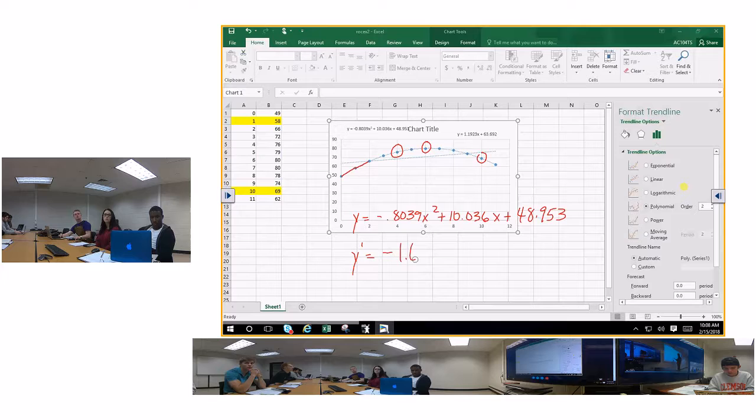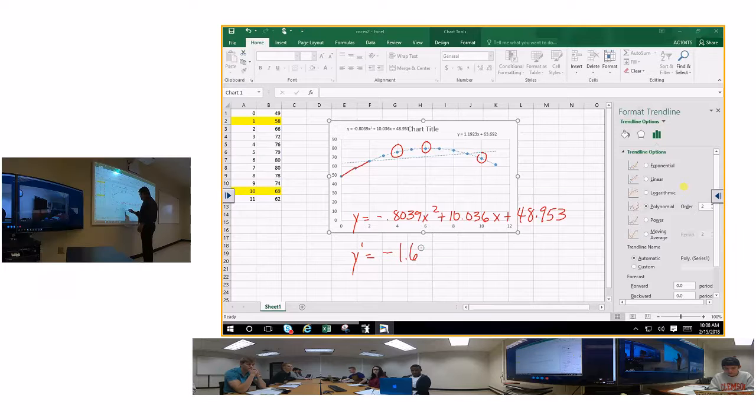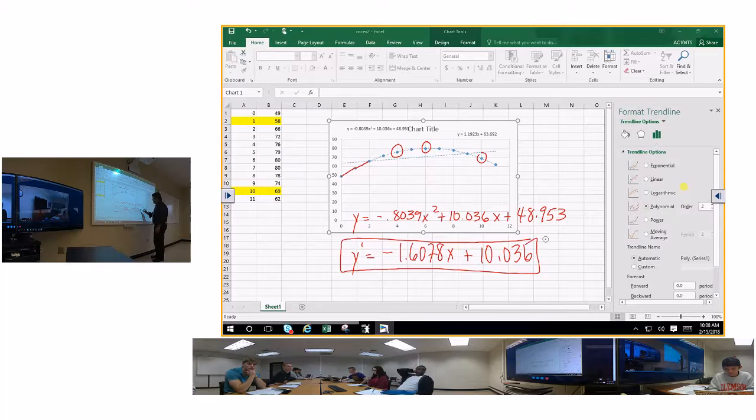One point what? 6.8. And what is this? That's the equation for what? For the slope at where? At any what? At any point.